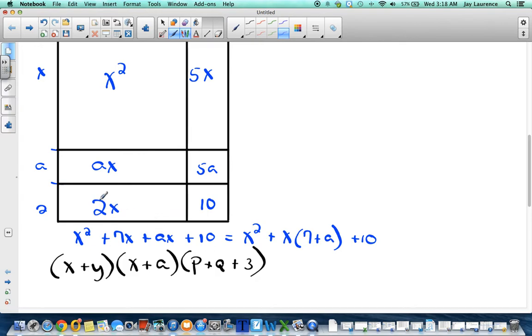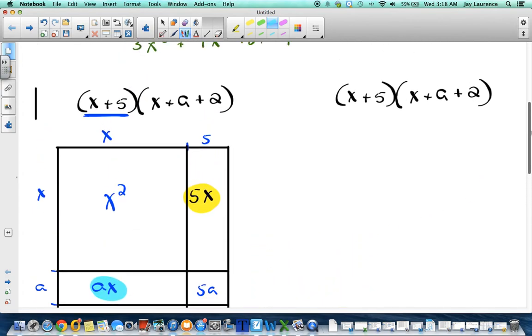You notice I've got x terms here, right? But this guy here is also an x term. And so I kind of undistributed the x. I can think about it that way. I personally like this answer best, okay, because it's simplified, but there's nothing wrong with this answer. Mathematically, it's the same thing.